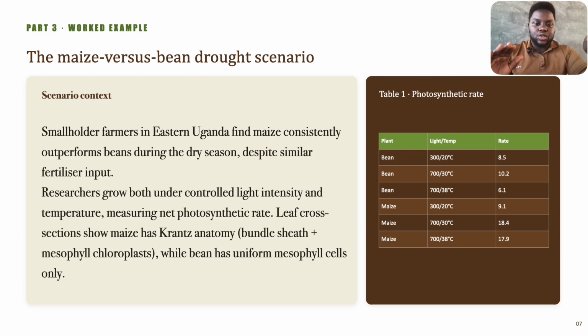It is not plateauing, it is going down. It is collapsing, dropping below even its own performance when the temperatures were cooler and dimmer. Maize, meanwhile, goes from 18.4 to 17.9, which is almost a plateau. It's almost flat, a tiny dip, but not a collapse. That contrast tells us that the bean's rate of photosynthesis is falling off a cliff at high temperature, while maize barely notices it.